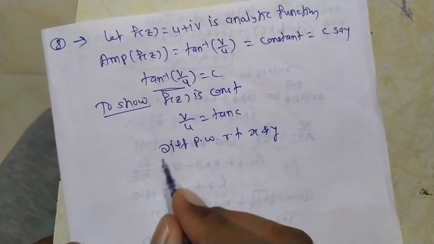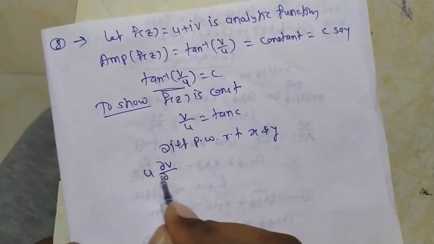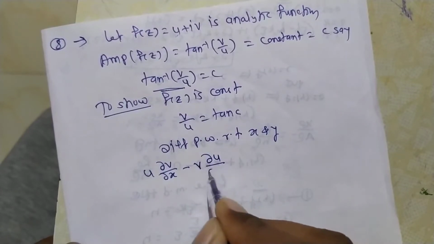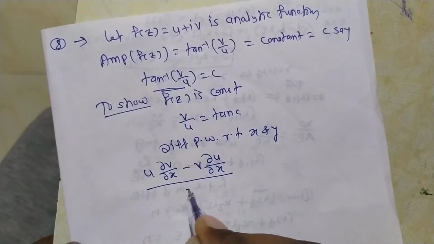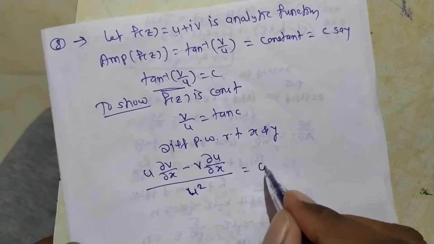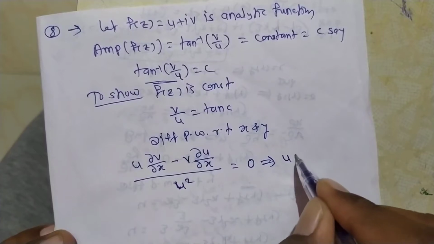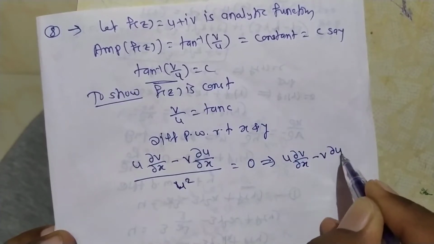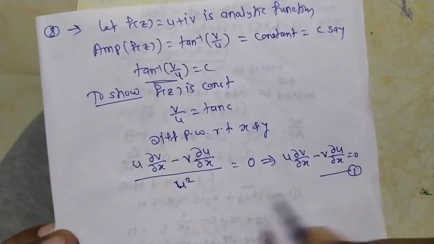Using the u upon v rule: u as it is, derivative of v is dabba v by dabba x, minus v as it is, derivative of u is dabba u by dabba x, divided by u square, is equal to the derivative of tan c, which is 0 because tan c is constant. So this can be written as u into dabba v by dabba x minus v into dabba u by dabba x equal to 0. This is equation 1.